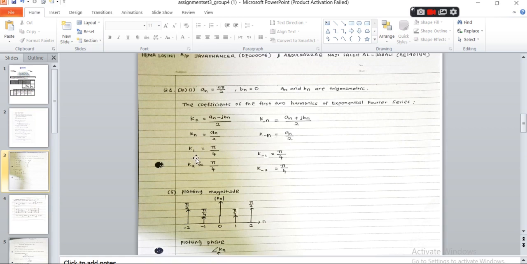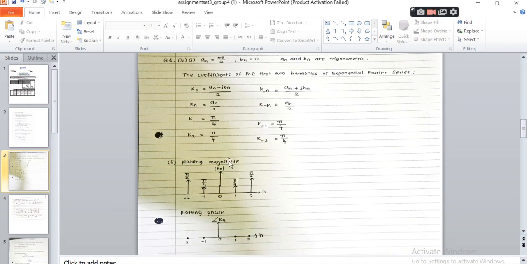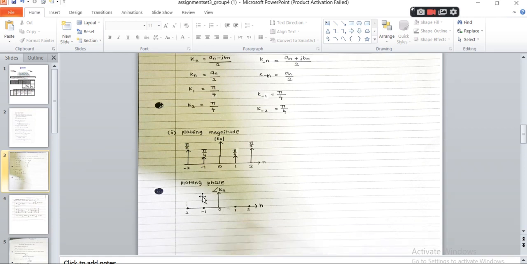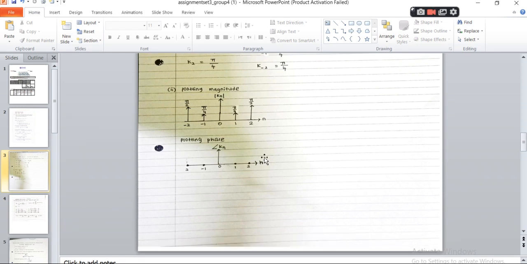We can get c_1 and c_2 for the two harmonics, for the magnitude and for the phasor. For the magnitude, this is the plot which we plotted regarding our values, and this is the phasor plot which we also drew regarding our values.